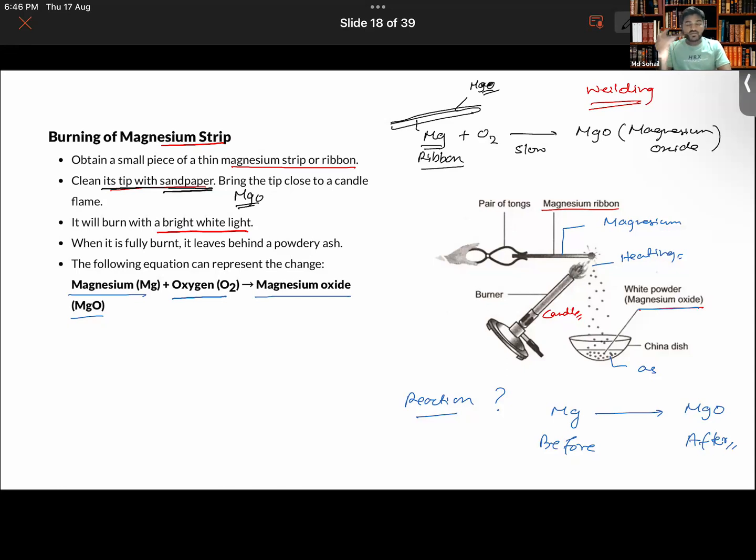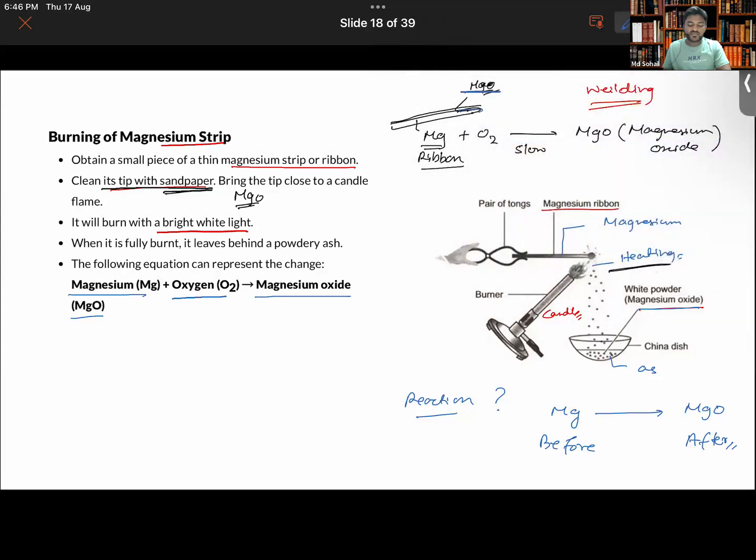So that's why we need to scrub it off with the help of a sandpaper, so that we can burn it properly, we can heat it properly, and so that we will be able to heat magnesium directly. So the magnesium will be exposed once you have rubbed the magnesium oxide from its surface.